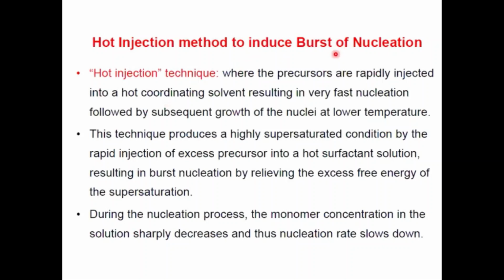This leads to instantaneous nucleation and gives you size control for the preparation of nanoparticles. And most importantly, it is monodisperse, not polydisperse, when you use this burst of nucleation process. During nucleation, it easily controls the concentration of the precursor when you have hot solvent or hot surfactant and introduction of precursors under cold conditions.